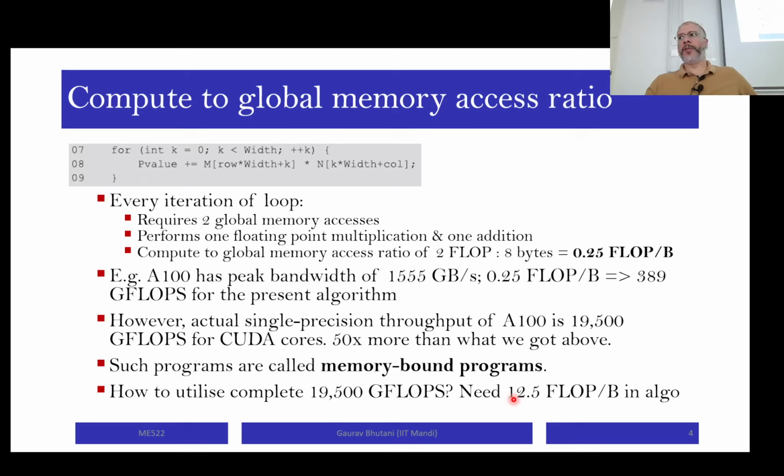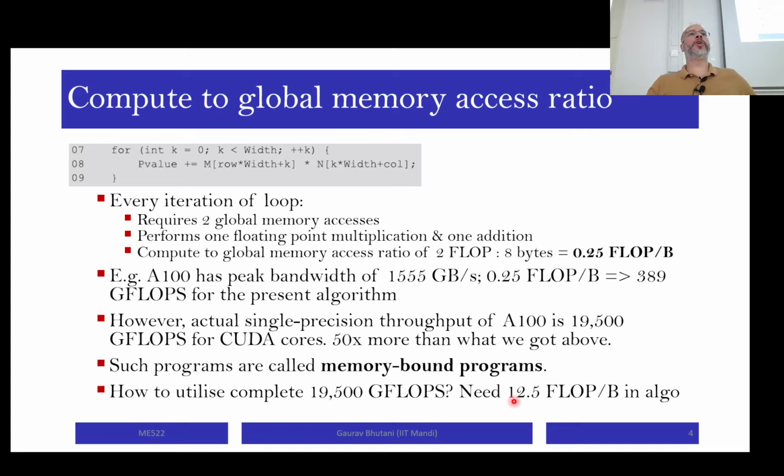Okay. So if you are using 8 bytes like in this case, then for those 8 bytes you will have to do 100 flops. I mean 8 times 12.5 is what you will need to be able to do in the algorithm to fully utilize the compute power of this GPU card. That is 19,500 gigaflops.